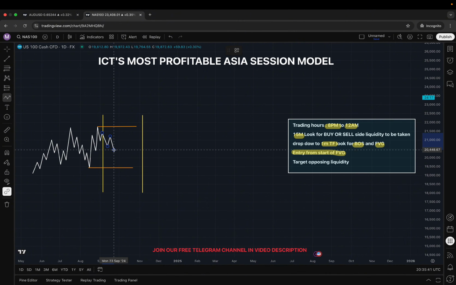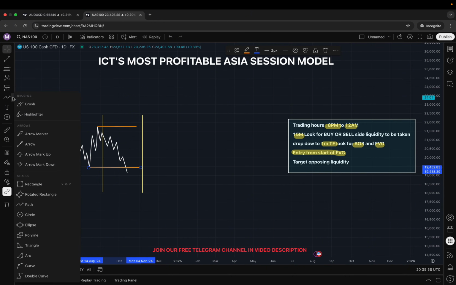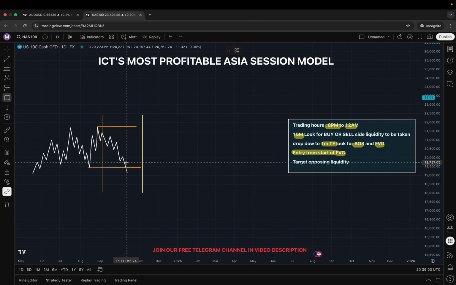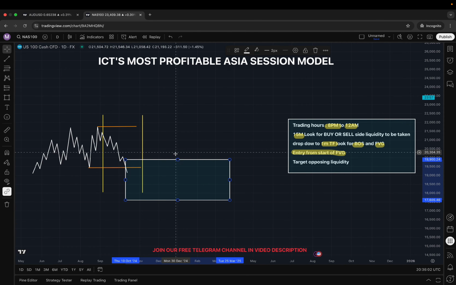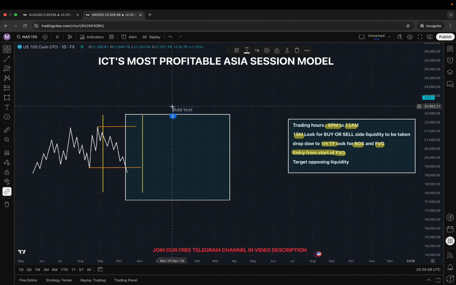So in this trade example, I'm going to assume that our sell side liquidity gets taken, and once that occurs, we then instantly drop down to the 1-minute time frame and wait for a 1-minute break of structure or a market structure shift. So I'm going to get a new box and show you what the 1-minute time frame represents. So anything inside this box will represent 1 minute, and I'll put it down here just to make it clear.